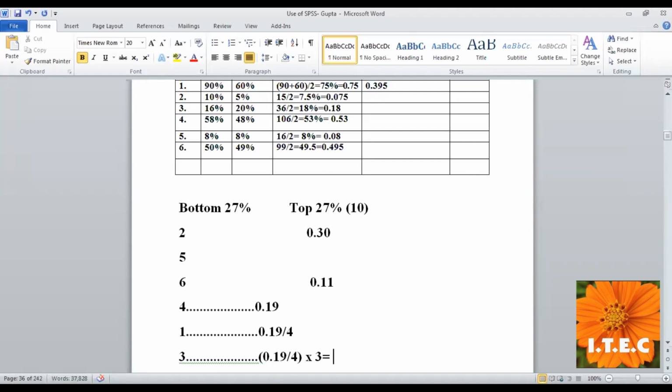So this will be equal to 0.19 multiplied by 3, which is 0.57. And this is to be divided by 4. And when this is divided by 4, the answer is 0.1425.